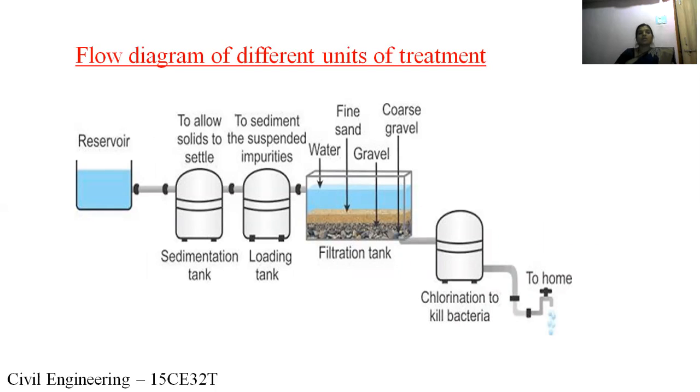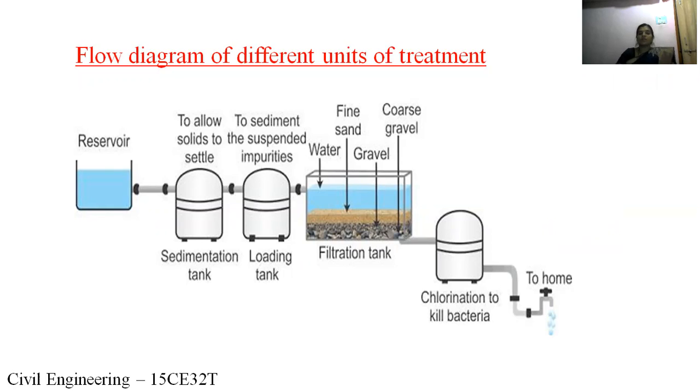Next topic. Flow diagram of different units of treatment. So this sketch shows the different units present in the treatment plant. Usually the raw water comes from the reservoir, rivers, or any other sources.